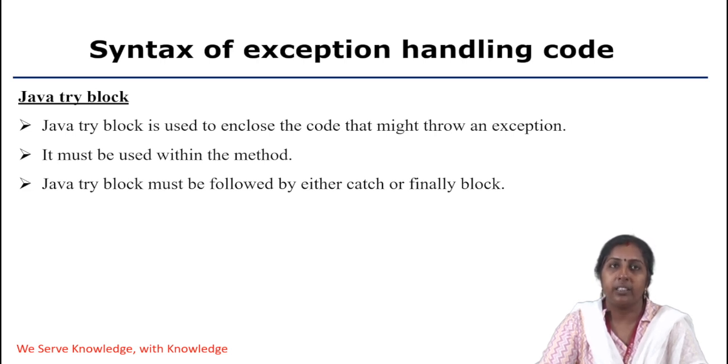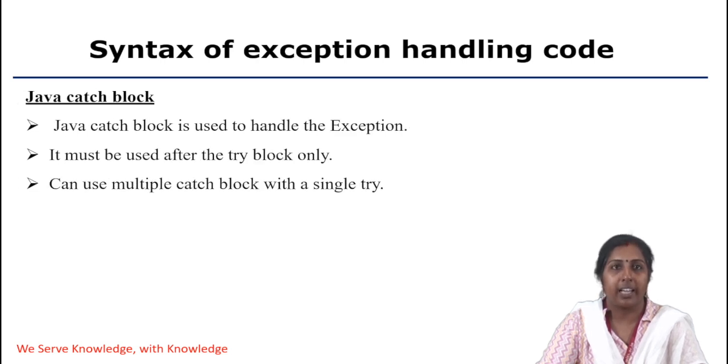If we write only a try block, the exceptions occurring in the try block are not caught properly. So after writing the try block within a method, we have to write the Java catch block. We write this catch block to handle the exceptions that may occur in the code written in the try block. It must be used after the try block only. Without any try block, we can't write the catch block; it will not be considered for execution.